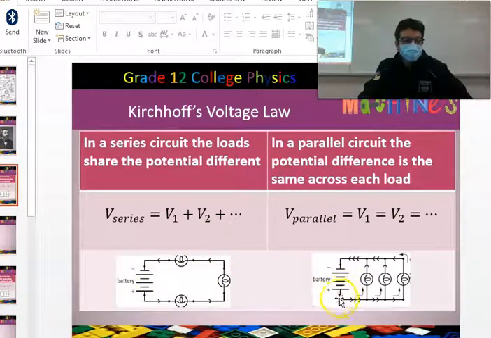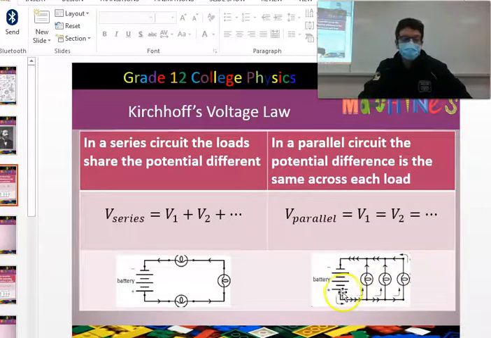Now, if you have a parallel circuit, Kirchhoff's voltage law says that the voltage given to any electron at the battery is equal to the voltage lost at each bulb in our parallel circuit. So if the battery gives any electron 6 volts, this light bulb will also use 6 volts, this light bulb will also use 6 volts, and that light bulb will also use 6 volts.